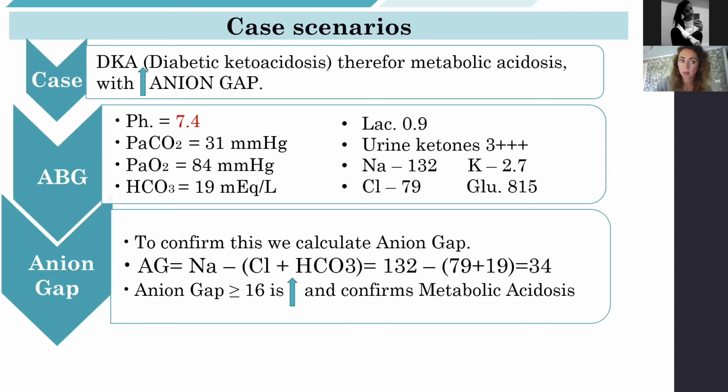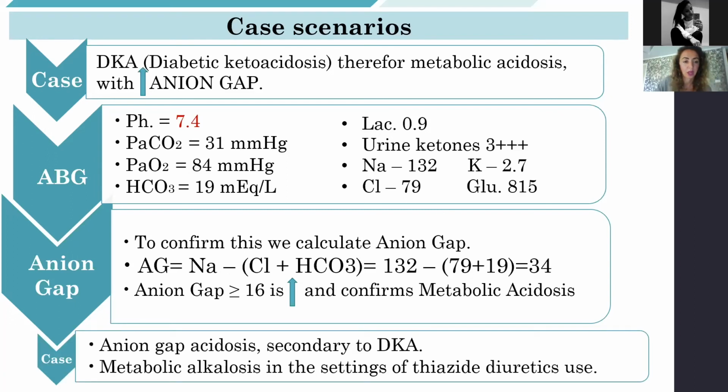Because every time when you have increased anion gap, more than 16, it means that patient is having metabolic acidosis disturbance. Anion gap acidosis in this case, secondary to diabetic ketoacidosis. And she may have metabolic alkalosis in the settings of thiazide diuretic use.